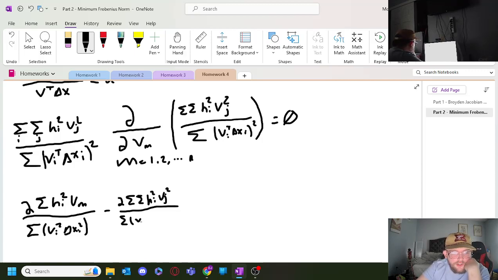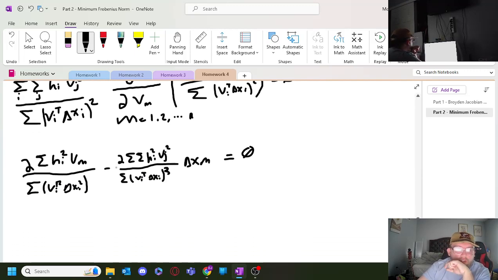So we got vi transposed, and delta xi squared to the third. Now, there's also chain rule happening in here, so we also got to multiply by delta xm. And that is all equal to 0.